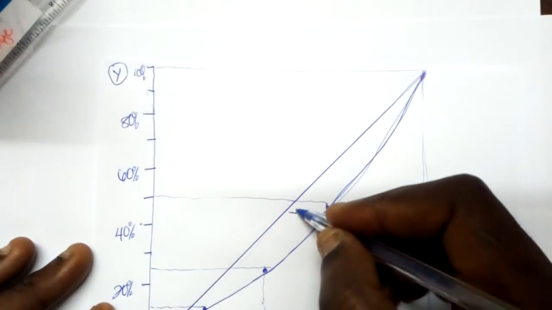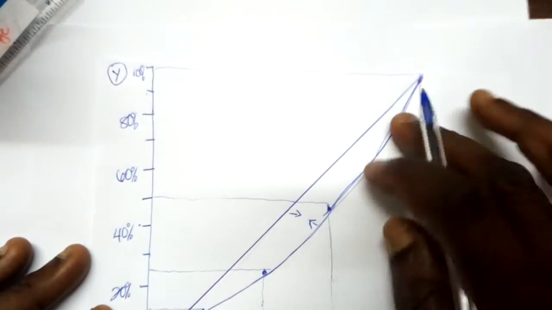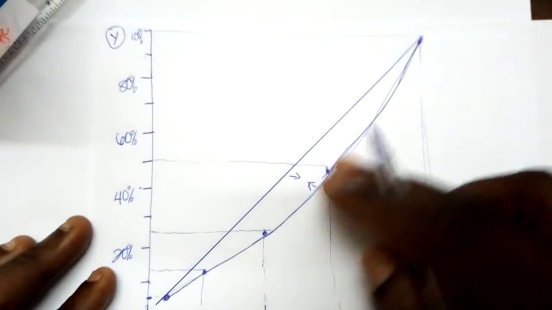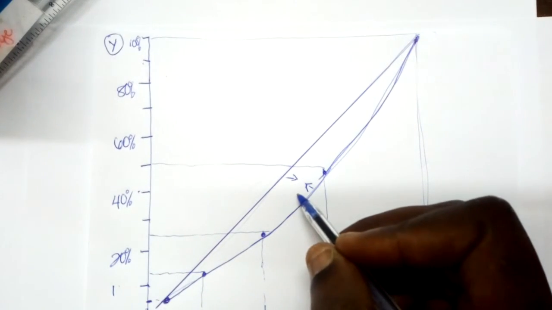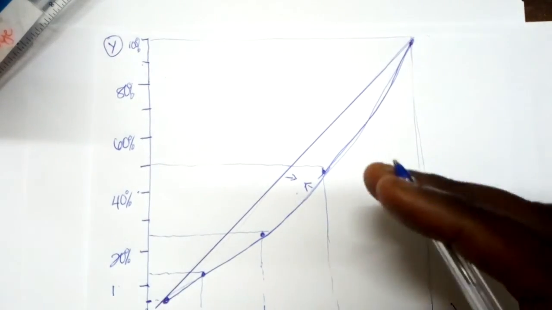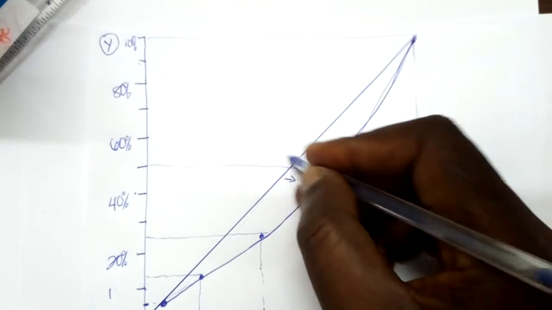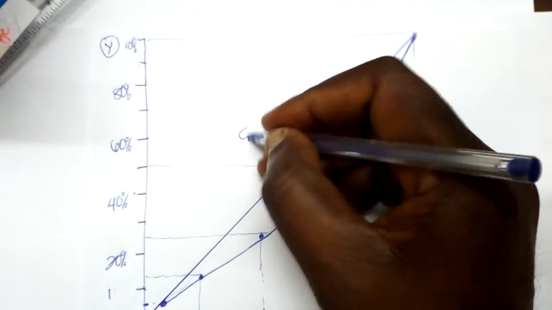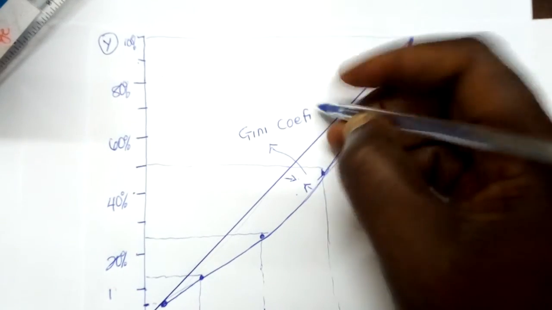The gap here shows how the income has been distributed within the family. It shows unequal or inequality distribution of income. Now this area is called the Gini coefficient.